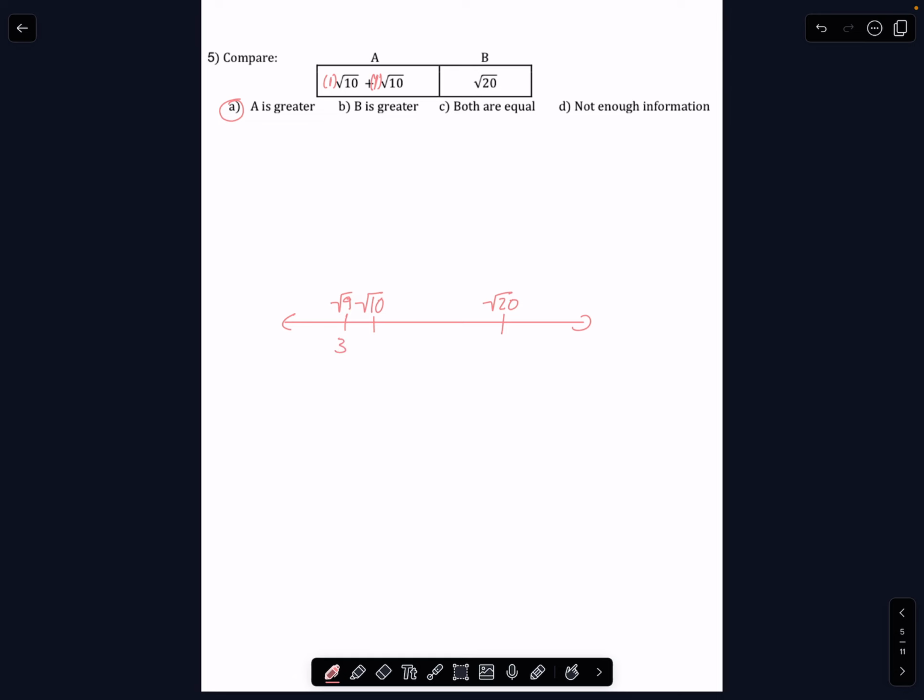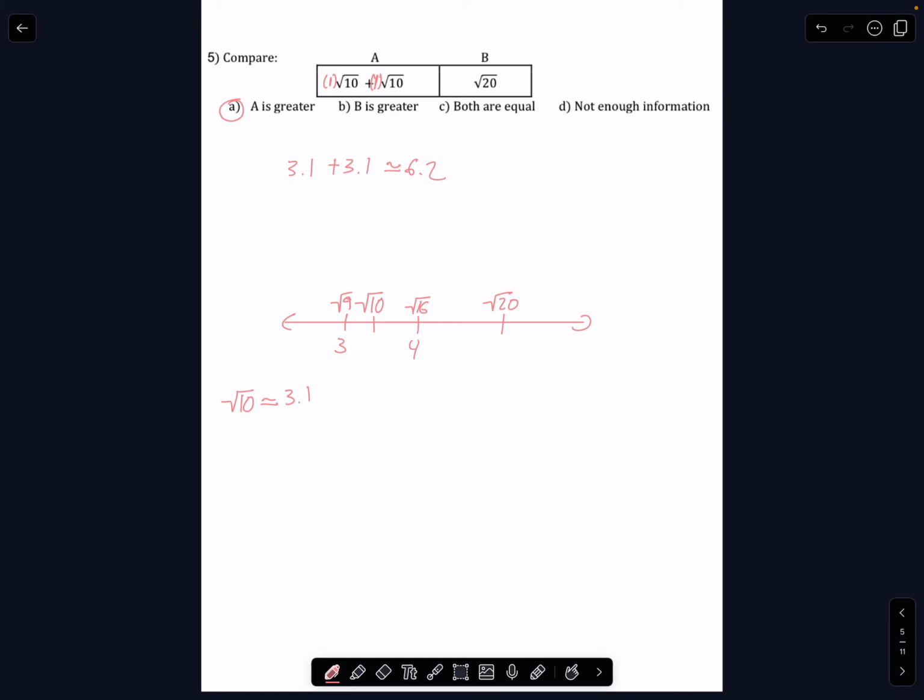Now, what about from the right? We have the square root of 16, which is 4. So we can say that the square root of 10 is between 3 and 4, and it's closer to 3.1. So the square root of 10 is above 3.1. So if we substitute this in, 3.1 plus 3.1, we should get about 6.2.